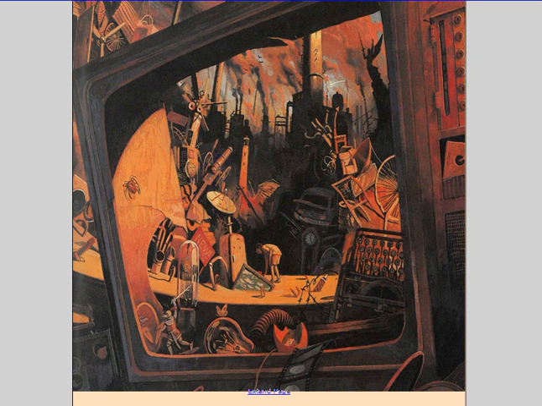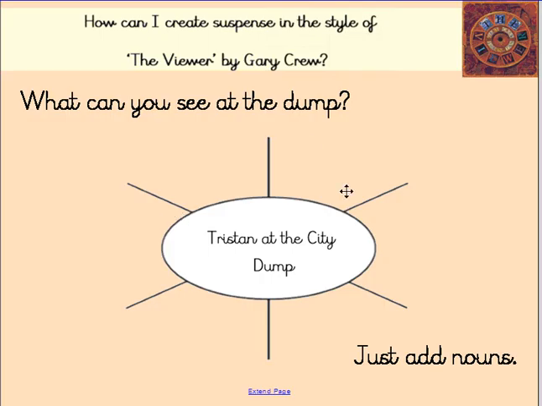There are hundreds of things in this image that you could pull out and put around your mind map. I want lots of things labelled around, okay? I've got 6 here, but you'll have loads more than 6. You need to pause the video when I put it back onto the picture and create your mind map just using nouns, please.